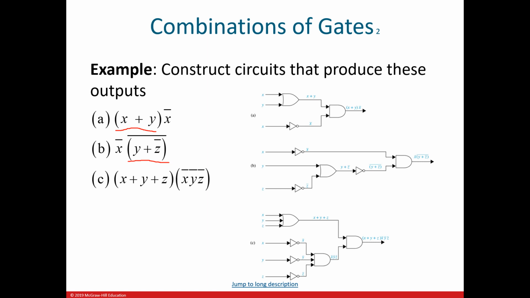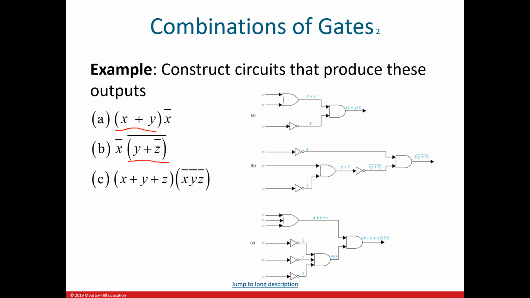Then both of these are given to the OR gate to generate this sum, x sum z complement. And then since we have the complement of this, it is again passed through an inverter, and then both of these are given to the AND gate to generate the final product.